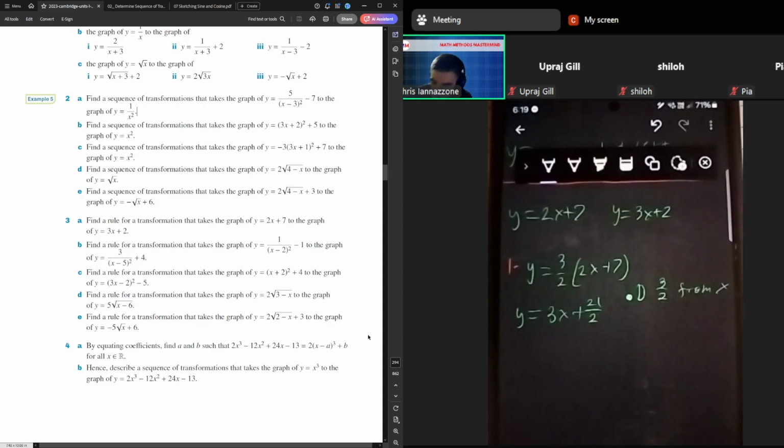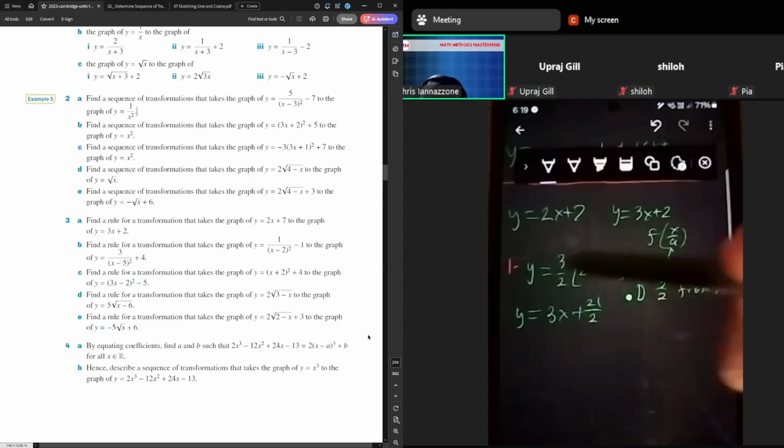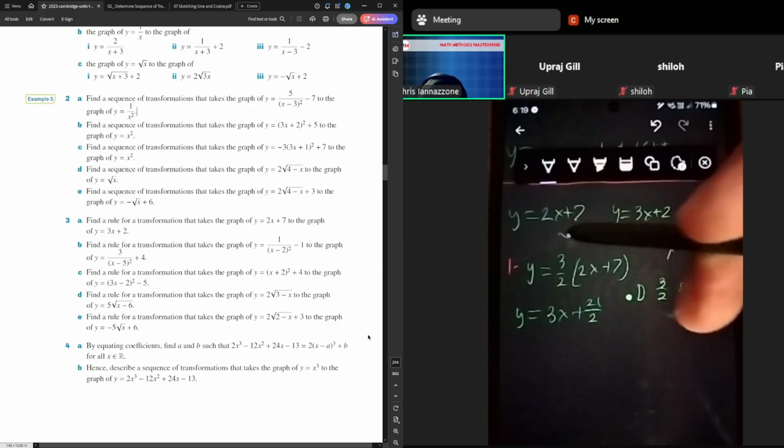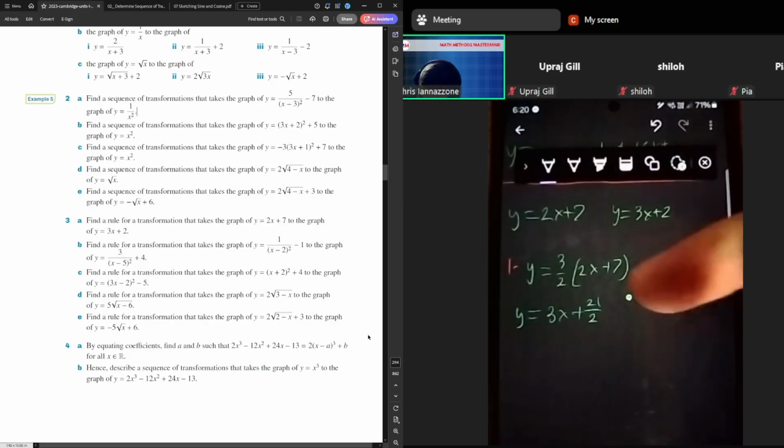The reason why you invert it, by the way, is because in function notation, a division by that number is your factor. So this is a multiplication of 3 over 2. You'd have to flip that to an equivalent division. You would do x over 3 over 2, which causes it to flip. That just makes life harder. That's more just an explanation as to why you could do one or the other.